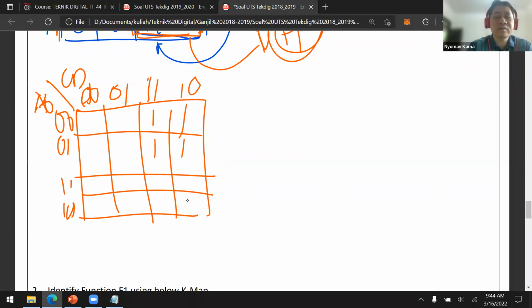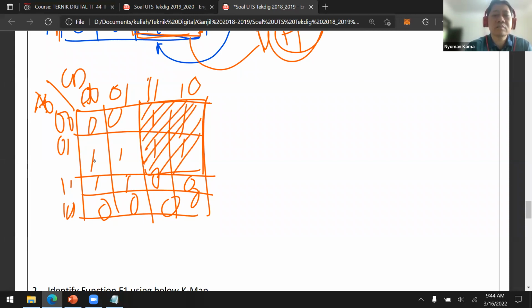This is active, and this one active, and the rest not active. Okay, so now identify the group. This is the group, and this is also another group. So we have two groups now.